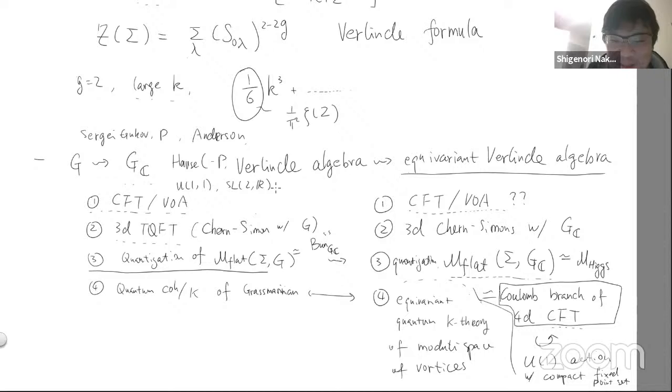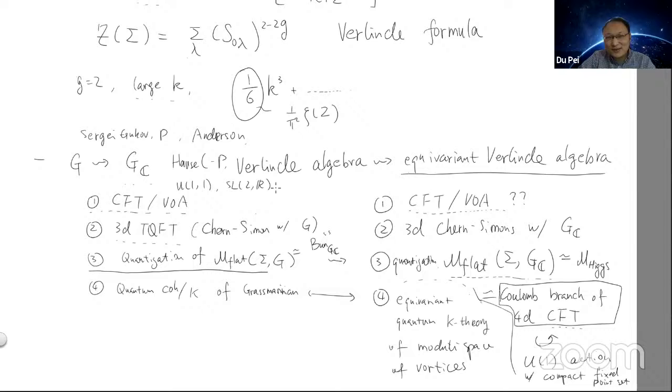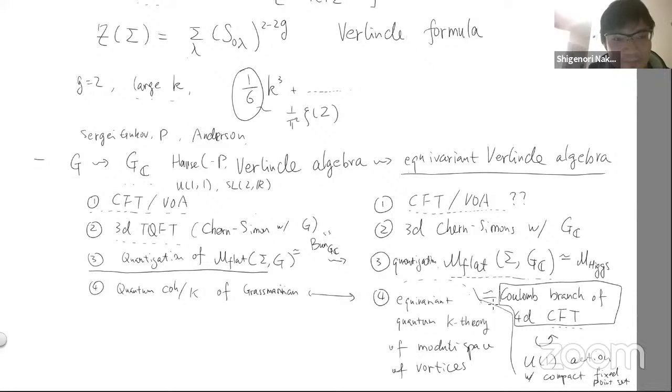And I'm also interested in the VOA side. What happens for VOAs for non-compact real forms? Yeah, I think that's again an extremely interesting question. At this stage, I don't know much about it. One can go again to 4 dimensions. There, the story is actually quite interesting.